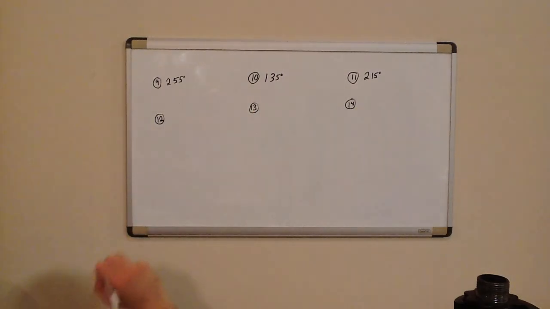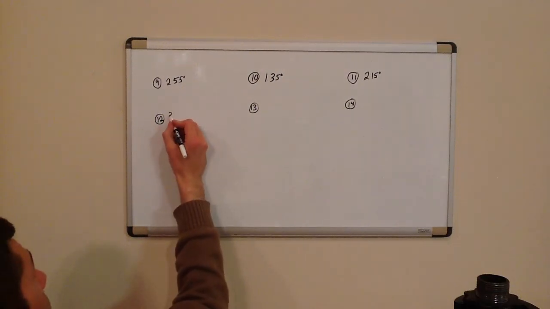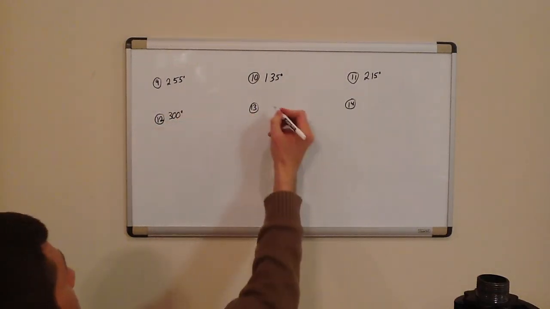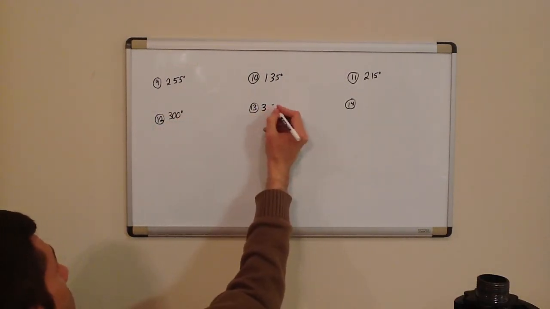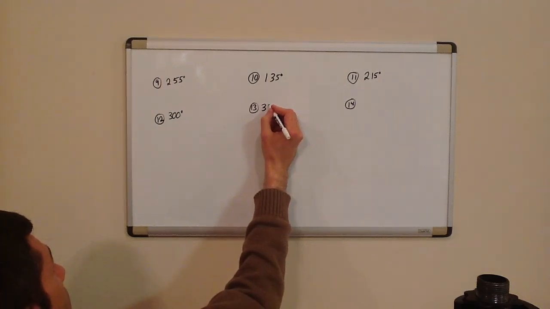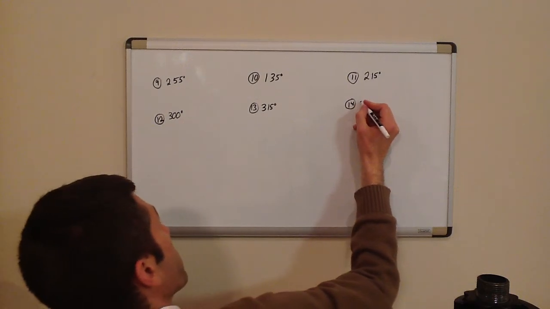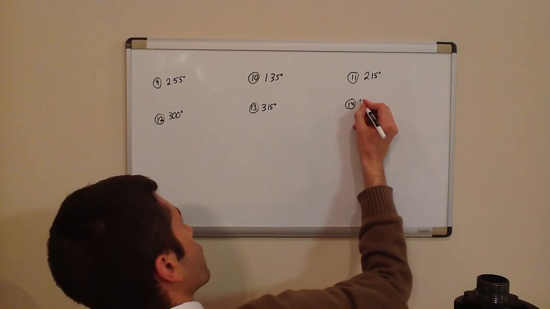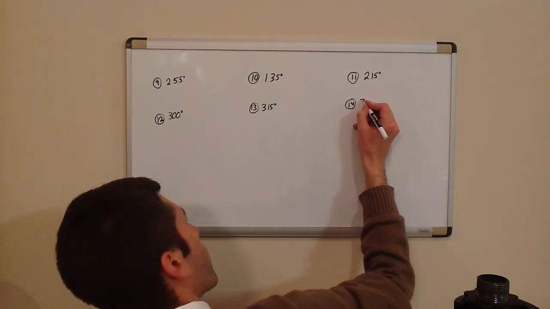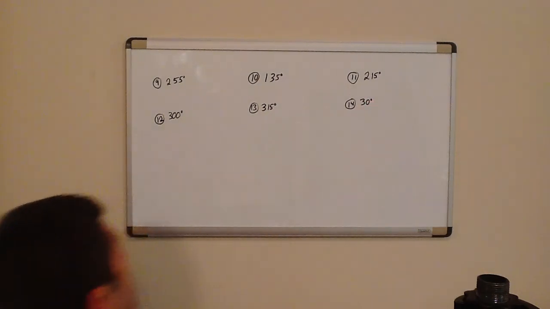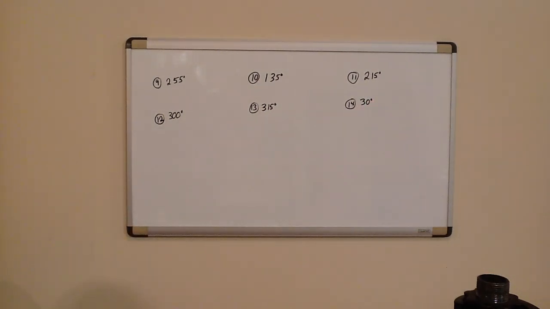Just so we don't wind up doing the same problem 6 times. We'll let this one be 300 degrees. This will be 315 degrees. And this one will simply be, I think of a good one, 30 degrees. There we go. That's number 9 through 14. Number 15 through 20 is good. And there you go.